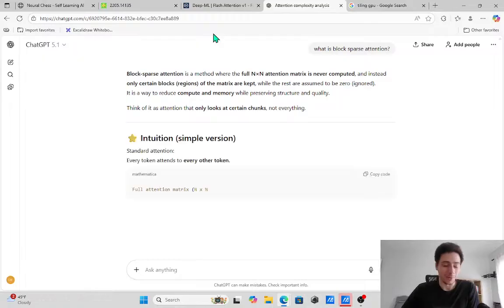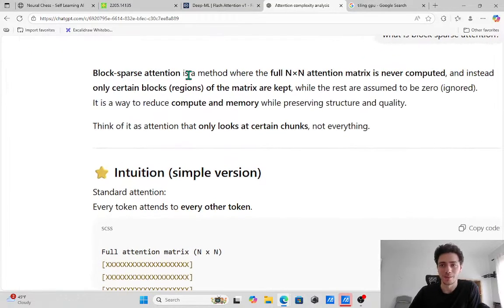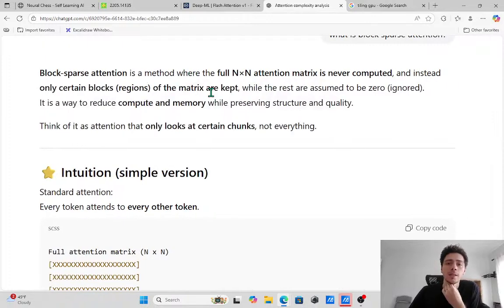We probably should also know what regular sparse attention is before we do block sparse attention, but let's start reading and see what it is. Okay.